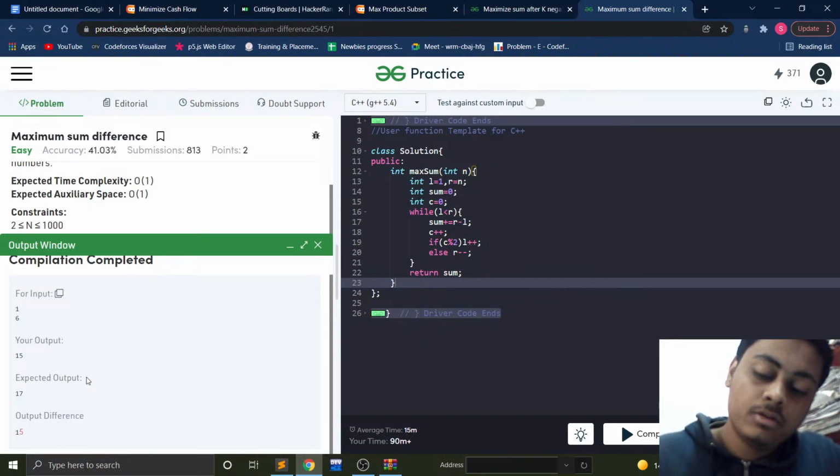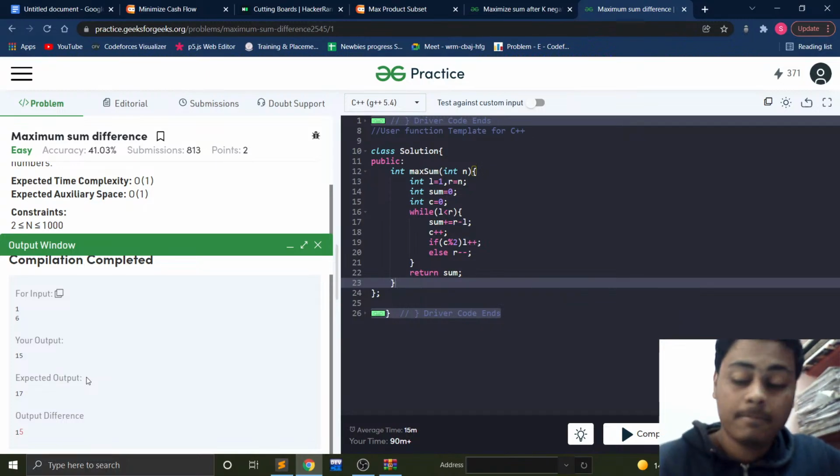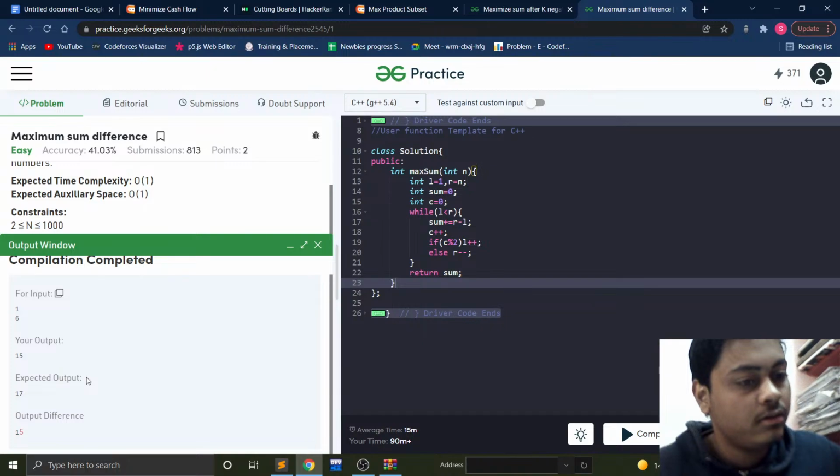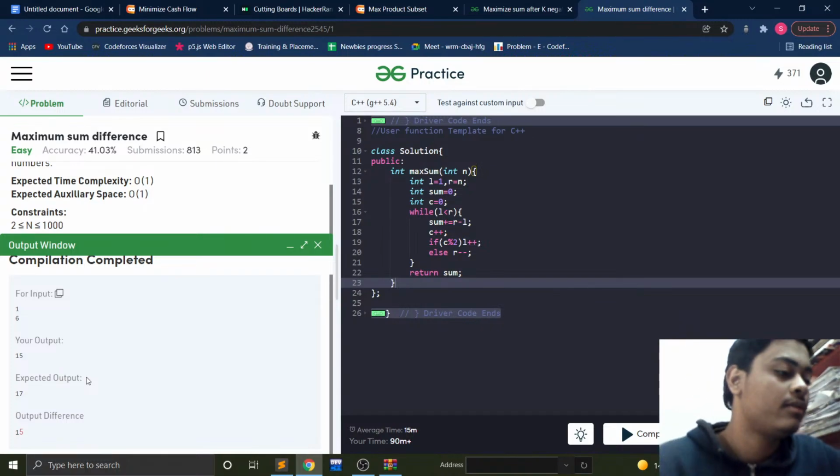Doesn't matter. My output is 15, which I've solved to be 15 as well, but expected is 17.